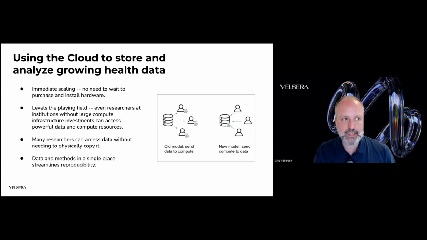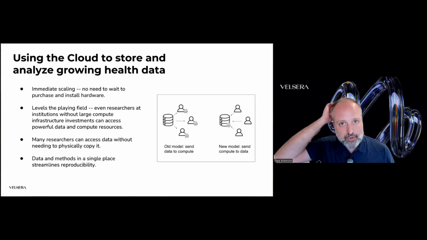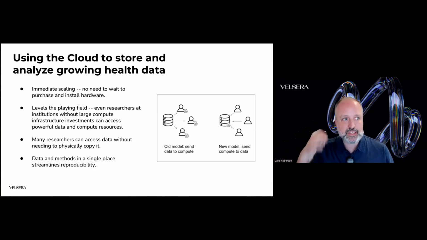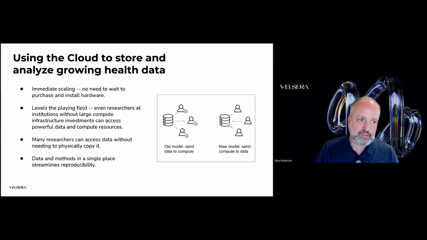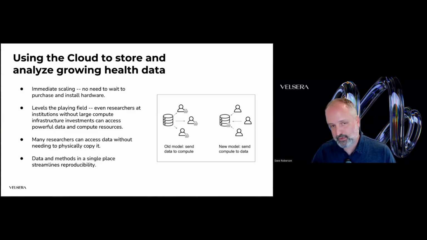In addition, you're going to get a lot of efficiencies such as immediate scaling, so you can use multiple cloud nodes at the same time if you need to. You don't have to purchase these expensive machines. And therefore, it levels the playing field, right? Researchers at large institutions are on the same playing field as the smaller institutions or even the biotech companies.